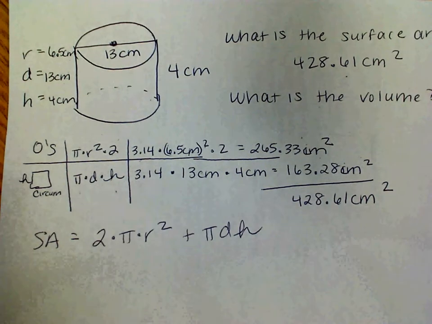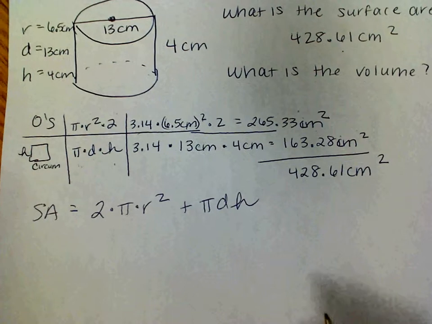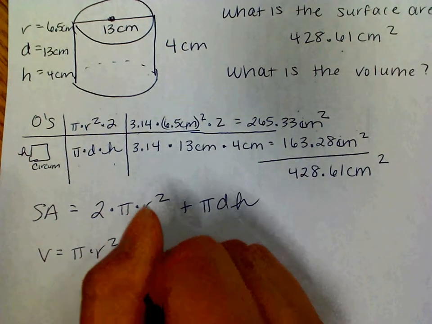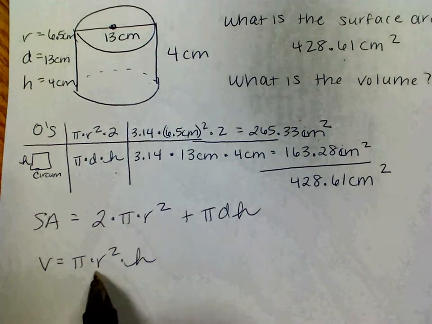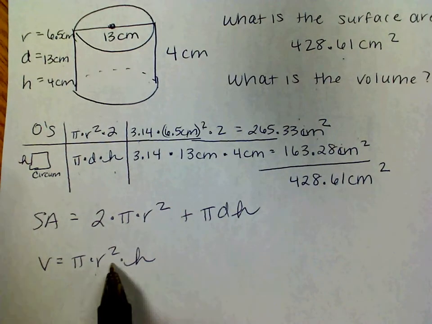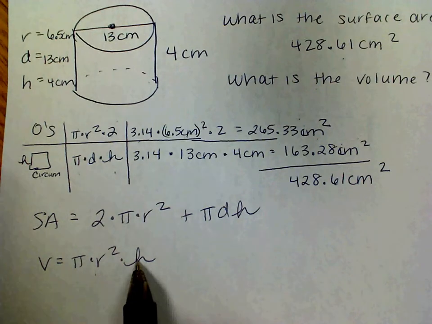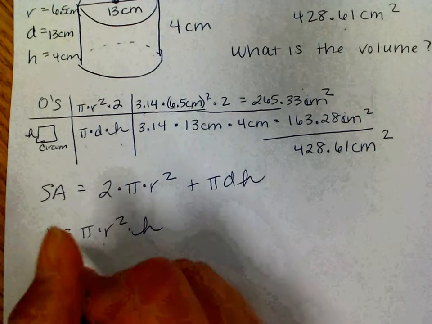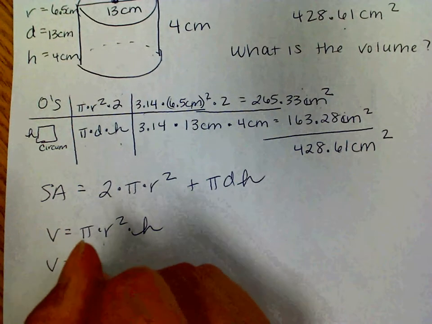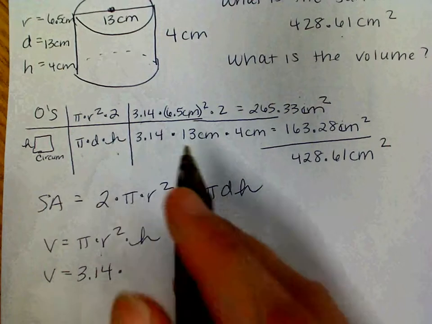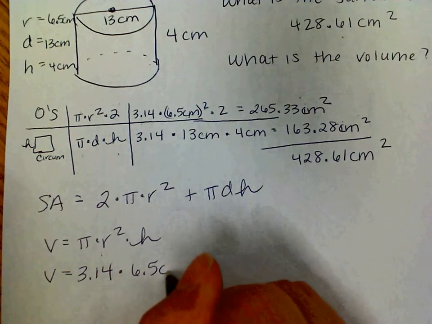Now, when you're finding the volume of a cylinder, the formula for volume is pi times radius squared times height. It's the formula for area of a circle, pi times radius squared, times the height of the cylinder. If you insert the information from our problem, we're going to use 3.14 for pi. Remember, our radius is 6.5 centimeters squared.